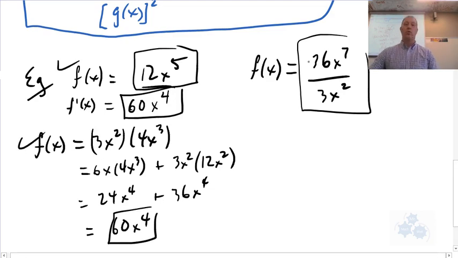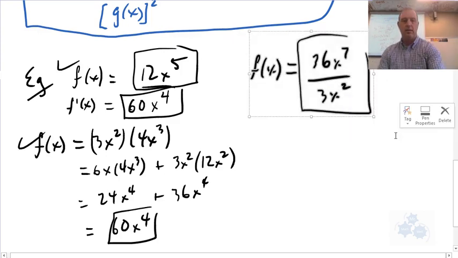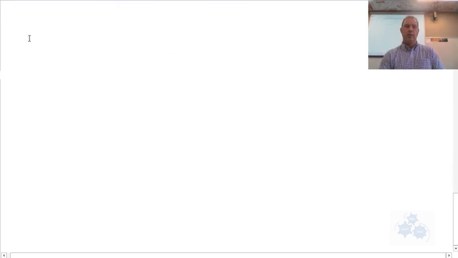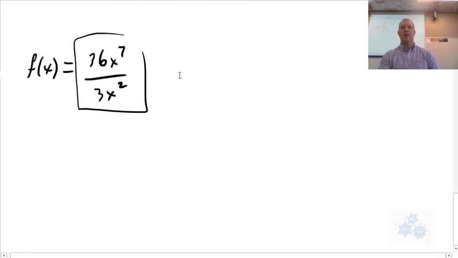Let's see if quotient rule works. I'm going to give myself some more room. Let me bring this out of here. So I don't have the quotient rule on the same screen now, but let me draw it real quickly here so we remember it.